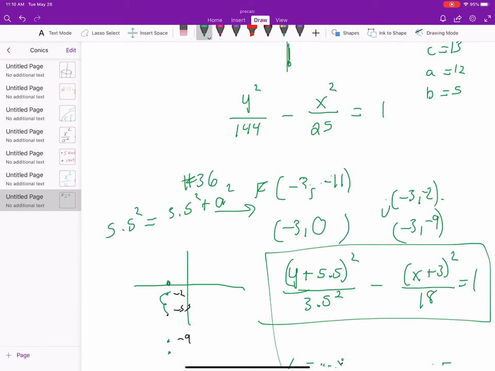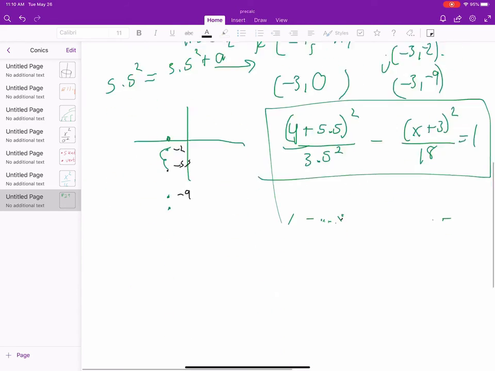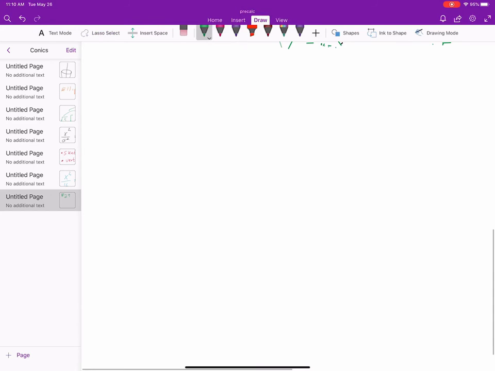Okay, what else do we have? We did some offset stuff already. Let's just do one more of those. I'm going to scoot this up. All right, let's do one more. Here's what we're going to do. We're going to find the center, the vertices, and the foci, and that's it.